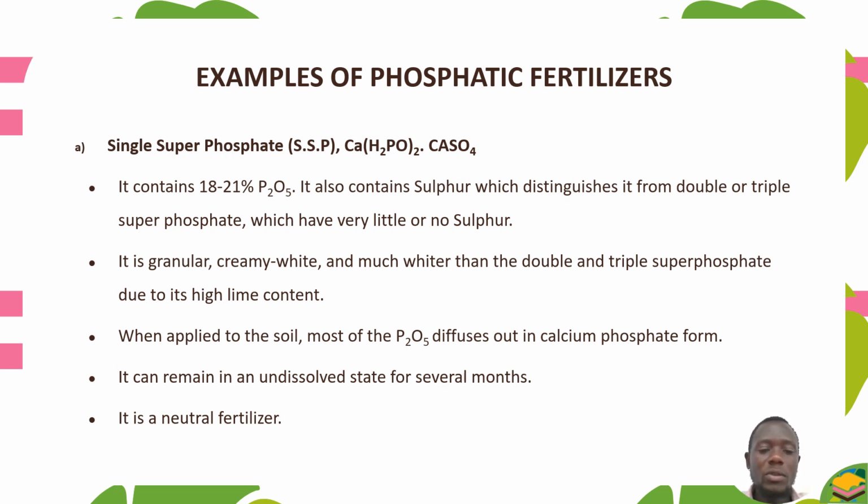When applied to the soil, most of the phosphate oxide diffuses out in calcium phosphate form.